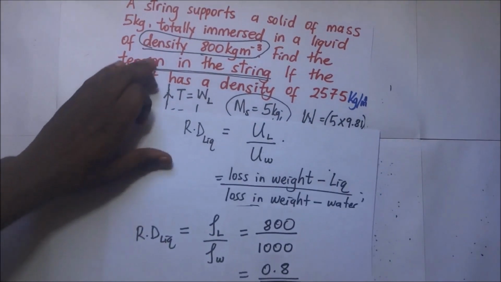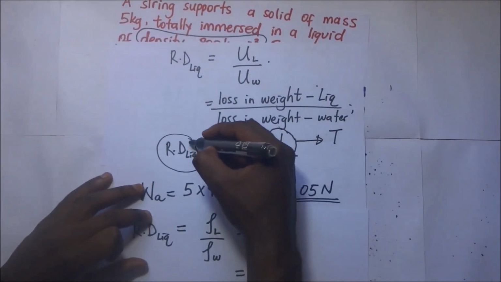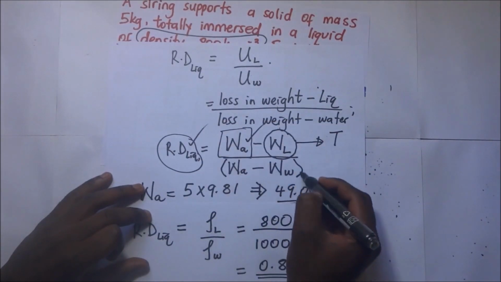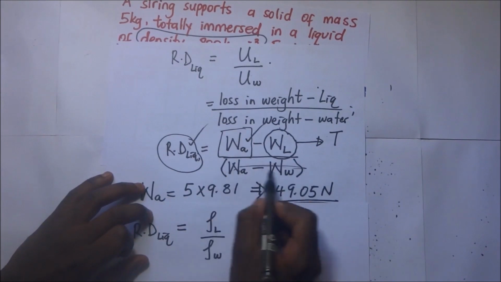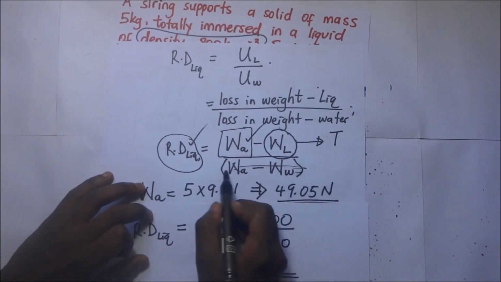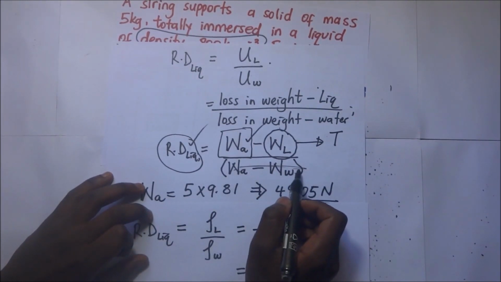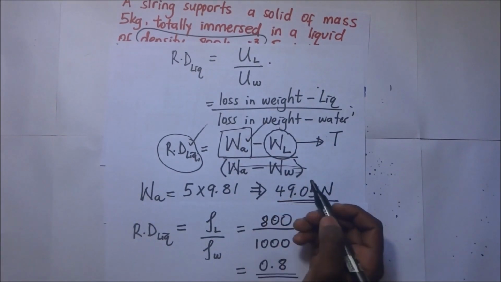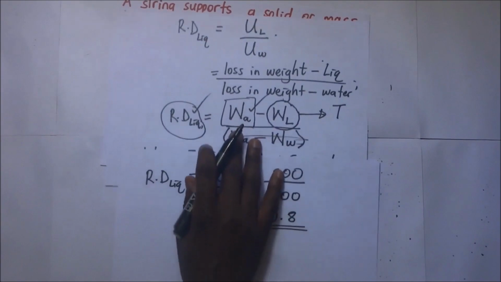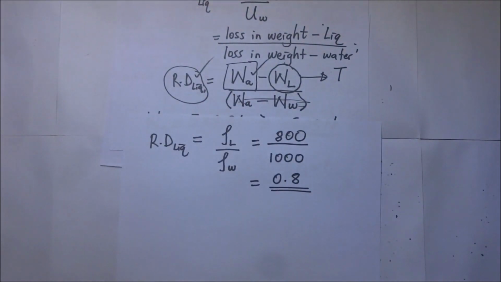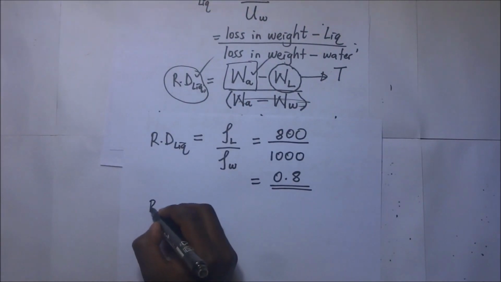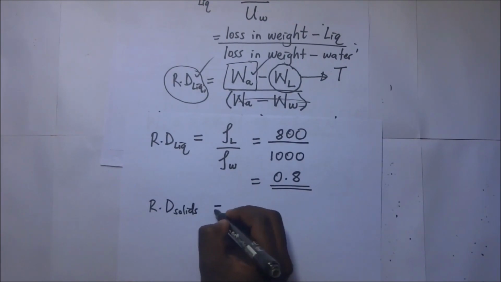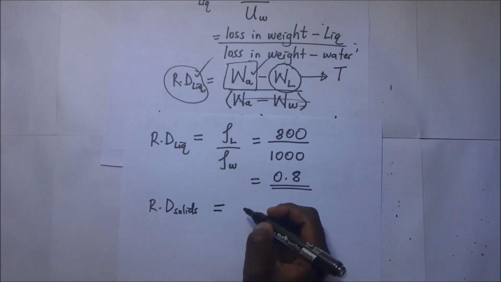Looking at our formula here, we have the density, we have gotten that. Now we need to get this expression: the apparent loss in weight of the solid mass when it is immersed in water. From our formula for relative density of solids, we can get it in two ways.